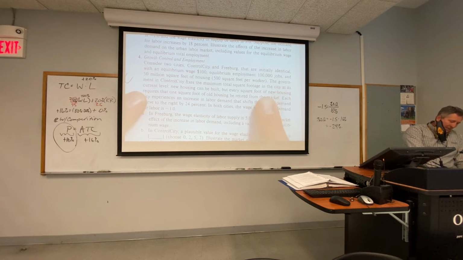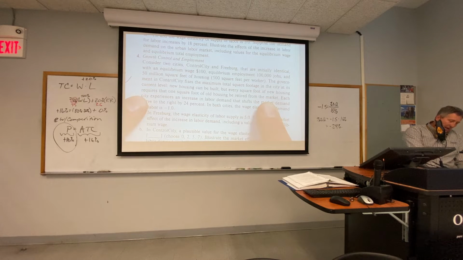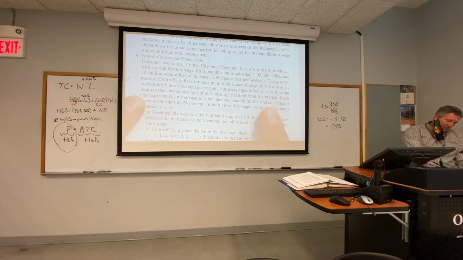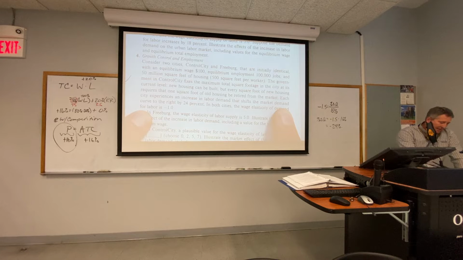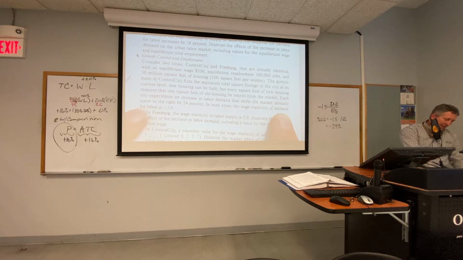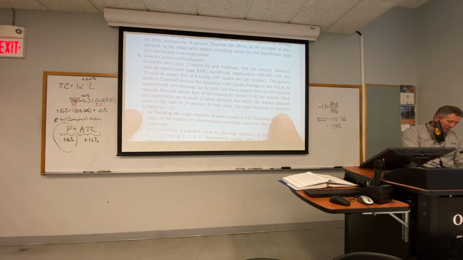The government in Control City fixes the maximum total square footage in the city at its current level. New housing can be built, but every square foot of new housing requires that 1 square foot of old housing be retired. Each city experiences an increase in labor demand that shifts the market demand curve to the right by 24%.